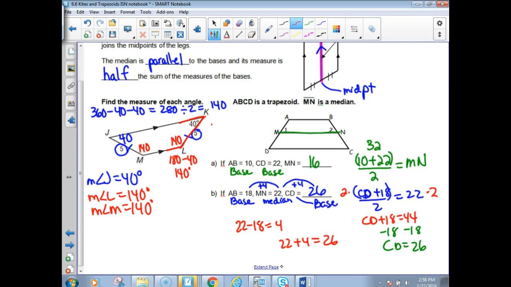So you can do the algebra way using the formula, or you can do a more intuitive way. It's also nice, when you have a picture and you draw it on there, if you went 18 and then you went 22 and then you went, what's this? And you could say, okay, that's up 4, up another 4, 26. So whatever works for you visually, algebraically.